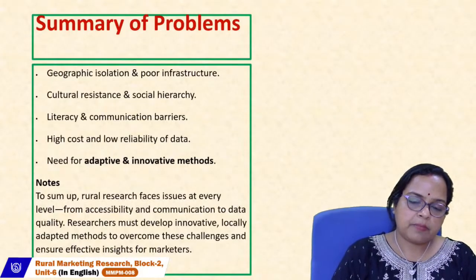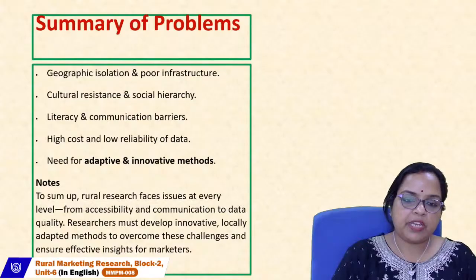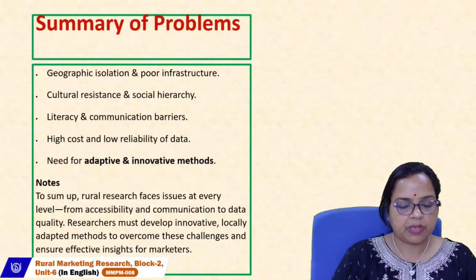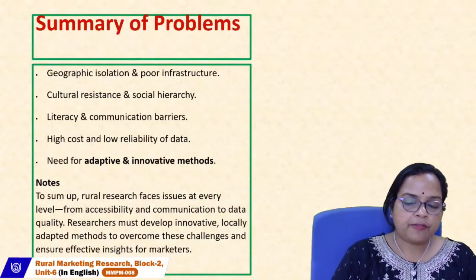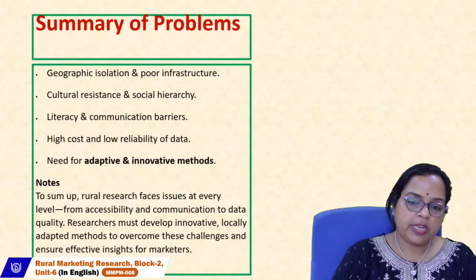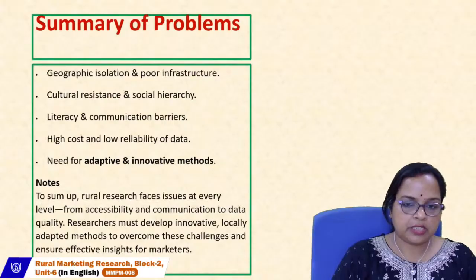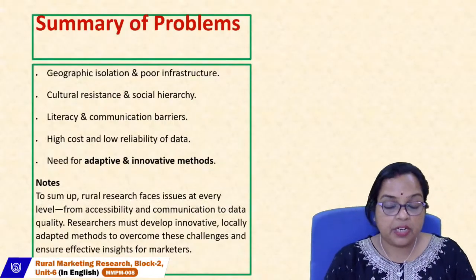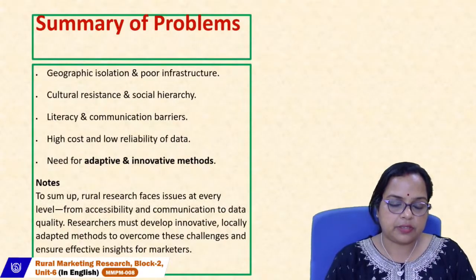Every marketer or company has to think of adaptive and innovative methods, because the objective is clear: to understand the consumer buying decision process of the rural belt. This is the objective of market research. If your company is not thinking of any new or innovative method and is only applying existing methods, you cannot be confident about the results.